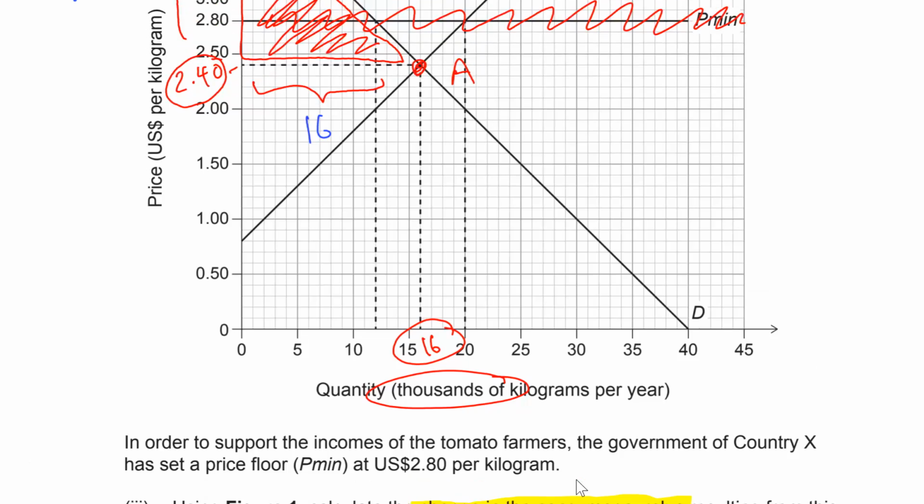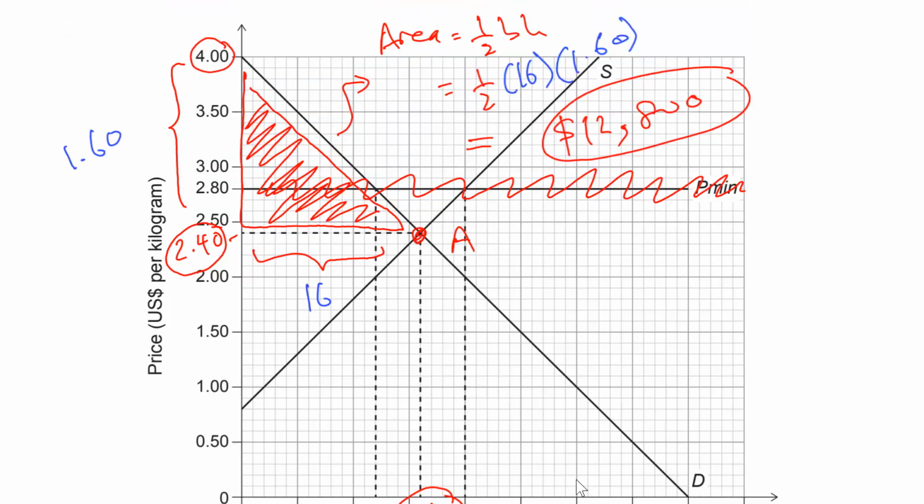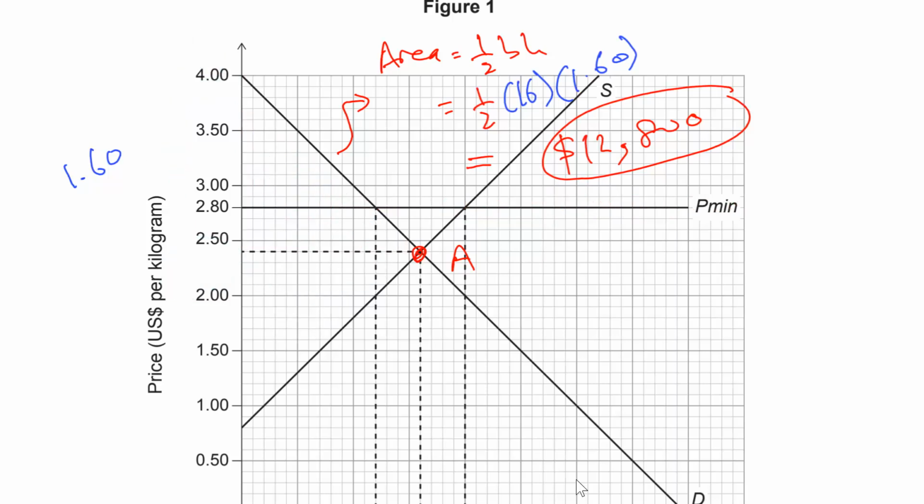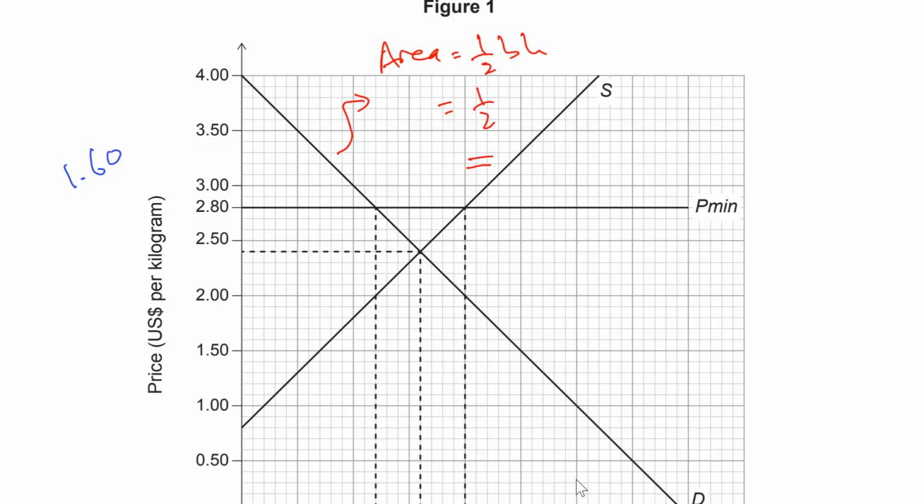So now we're going to come back to this diagram over here, and we're going to say the government is going to implement a price floor, right? So once we implement the price floor, things are going to change a little bit. Okay, so once we implement the price floor, the new price is going to be $2.80.